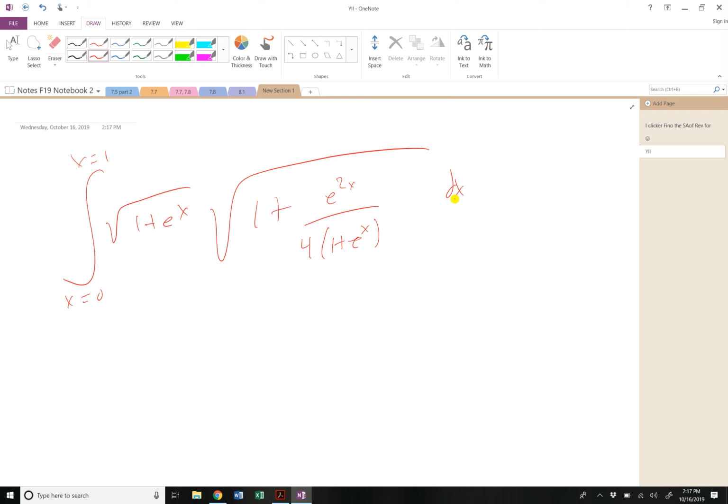I'm going to turn you loose. I'm going to turn the screen off for a second, and we'll see how far you can go, and I'm going to write out one solution here. There are different ways to do this. I don't want to take a lot of time on this problem, but a few interesting things come up here that'll be good for you to know.